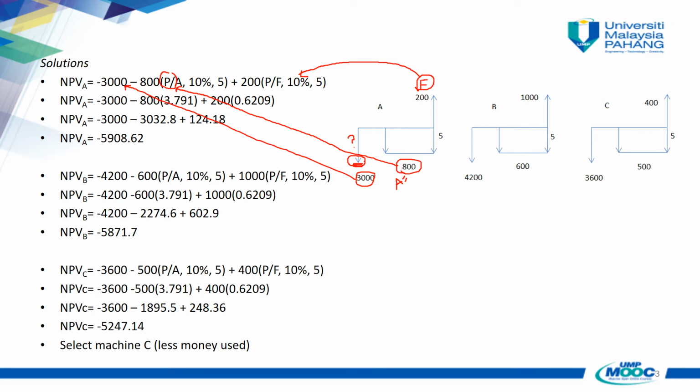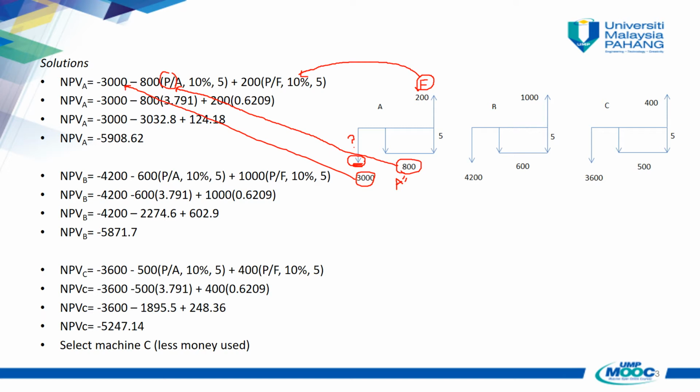After we get this equation, from the compound interest table, from the column P over A at 10% interest rate at the 5th year, we will see that negative 3,000 minus the 800 multiplied by 3.791.